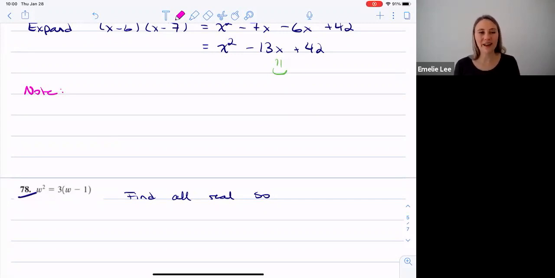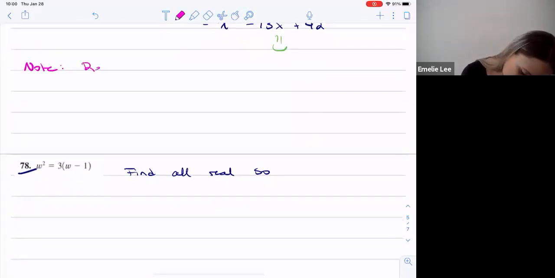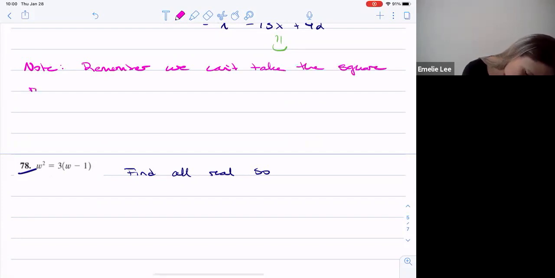What that's gonna look like is if you have a negative number in the square root. Remember, we can't take the square root of a negative number.